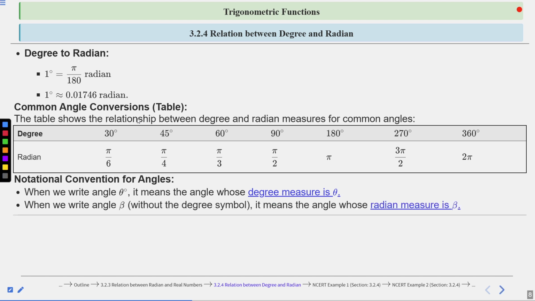If you are not writing the degree symbol, this little circle in superscript, then it counts that you are measuring your angle in radian measure. If someone is not putting any degree notation on the angle, then you will immediately conclude that the given angle must be in radian. Clear?